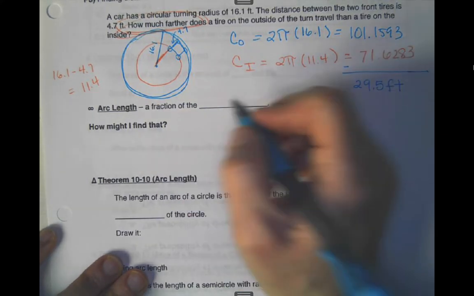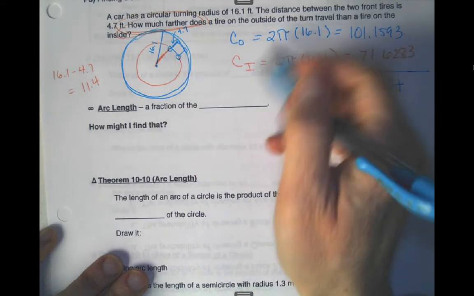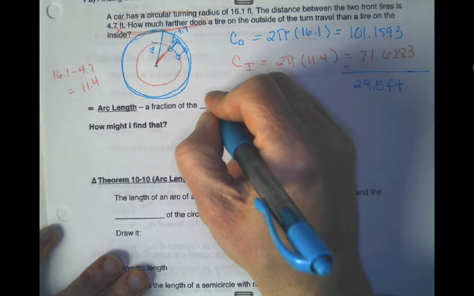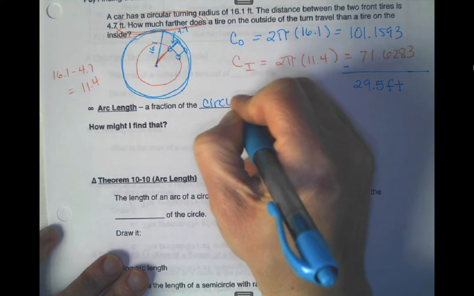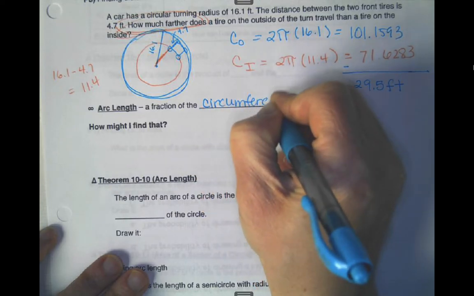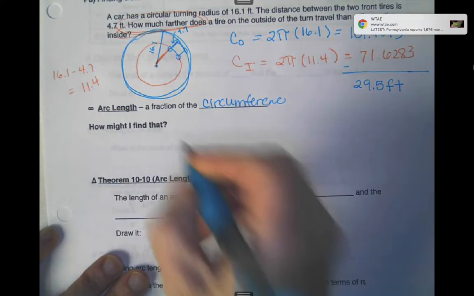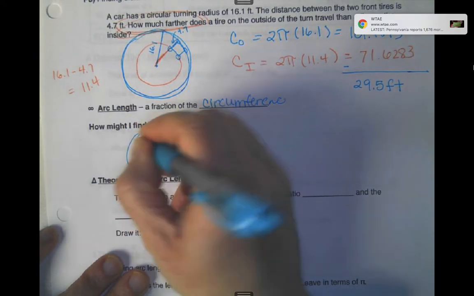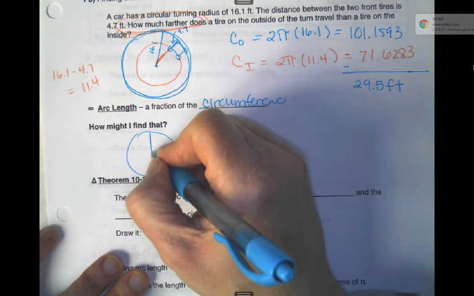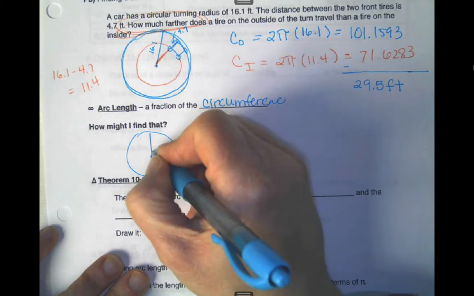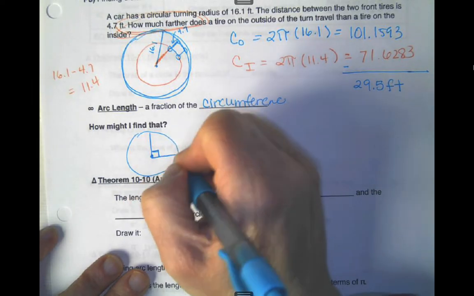All right, that is going to lead us into arc length. Arc length is a fraction of the circumference. As an example, here's my center, and this center angle is a 90-degree angle, and the radius is 3.